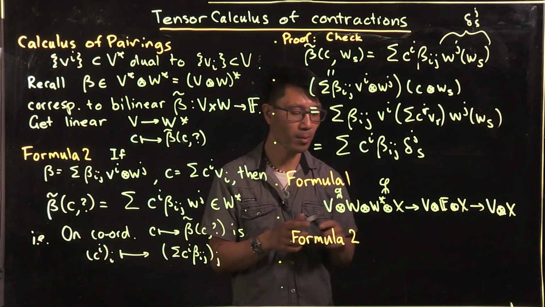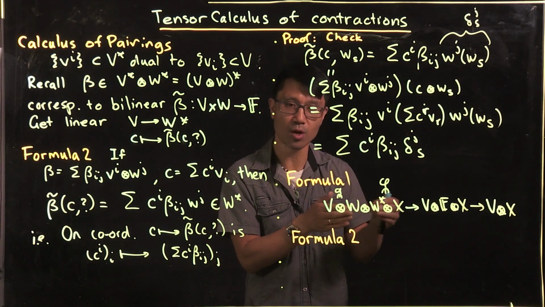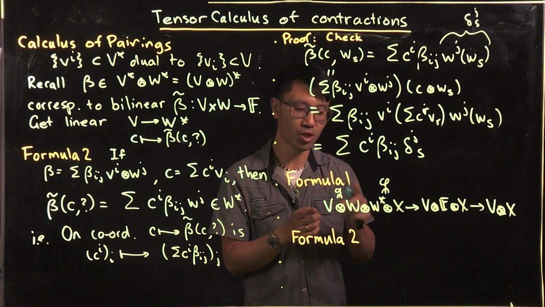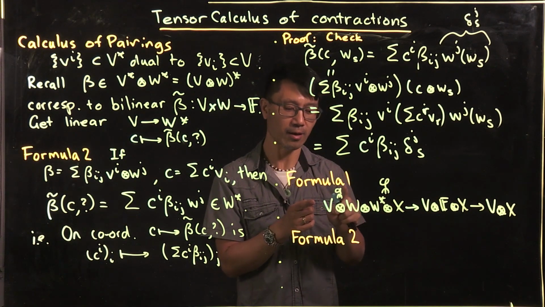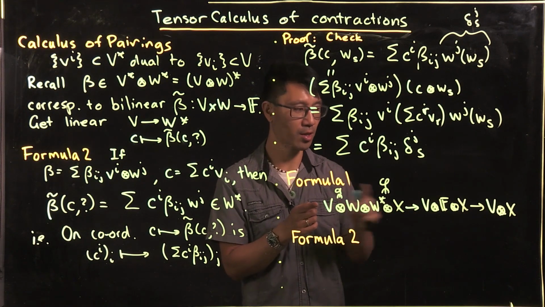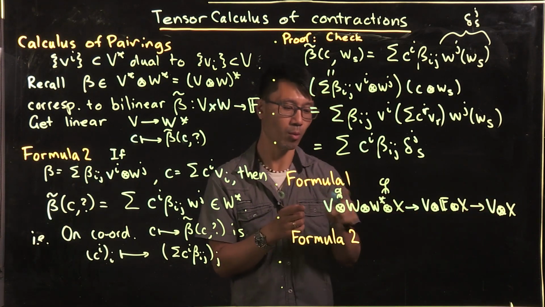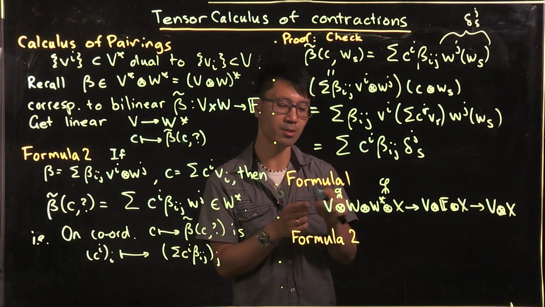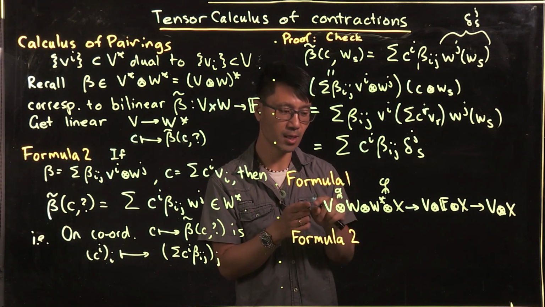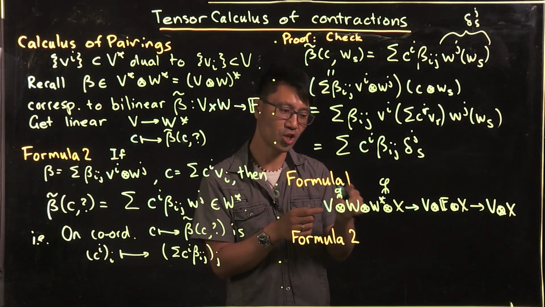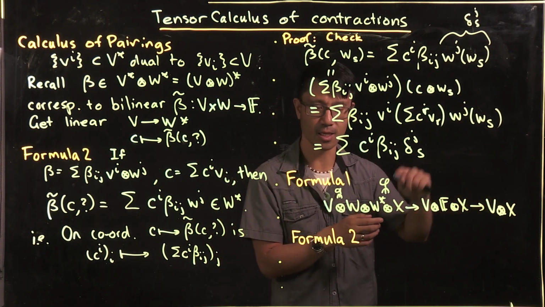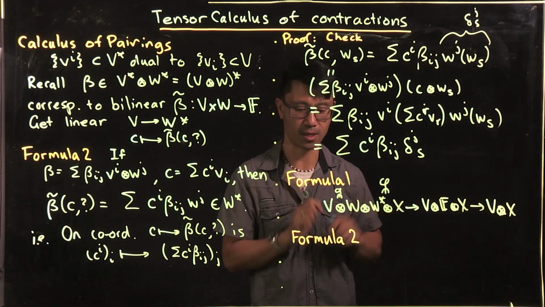So what you see in the formula here is that because you're contracting this W and this W dual, you sum over the j variable. So you remove the j variable and you're only left with an i and the k. So the ik-th coordinate you can get from what you get left over. So this is some sum over ij indices, this is a sum over some jk indices, and you repeat the j and sum over the j to give you the ik index here, fixing the i and the k over here.